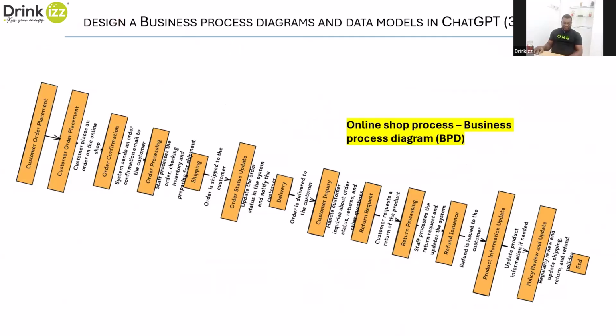And we also use the prompt to get the business process diagram. So here you can see that this diagram is generated by AI following the prompt that I just provided to ChatGPT, and also our knowledge that we got previously, which is the business process of the online shop.